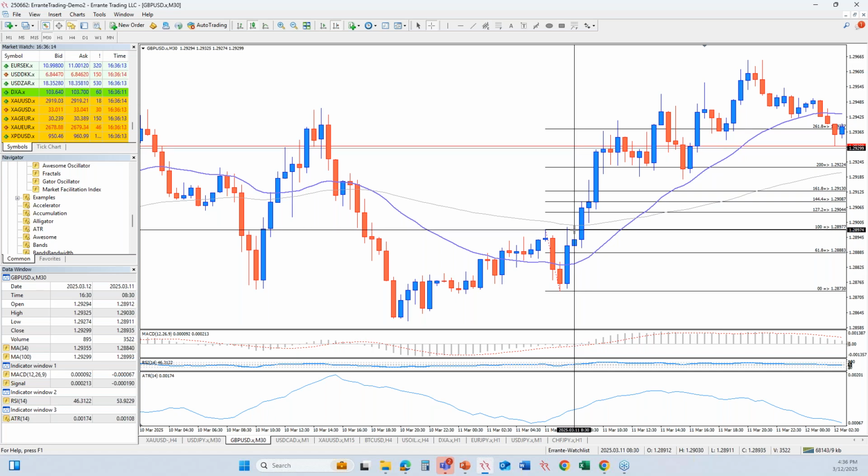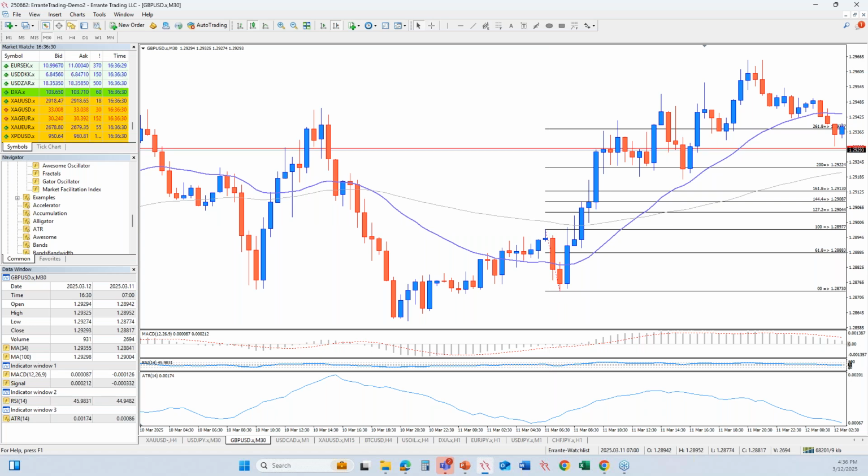So at this entry point, let's see how much I'm going to put at risk from the entry to my stop loss, which can be assumed at the last market bottom. It's almost 24 pips. Okay, be patient. I will explain how we can get a good measurement to evaluate if it's okay or not.